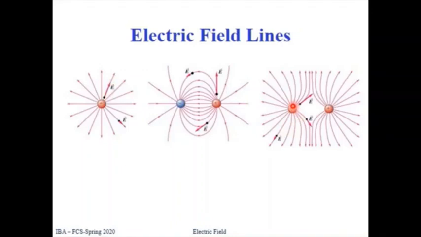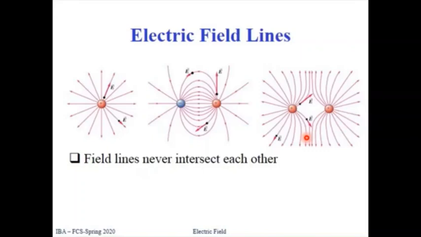If you look here, the direction of the electrostatic force changes around this positive charge and also around this positive and negative charge. So the electric lines of force are modified accordingly when we bring two positive charges, or one positive charge and one negative charge.